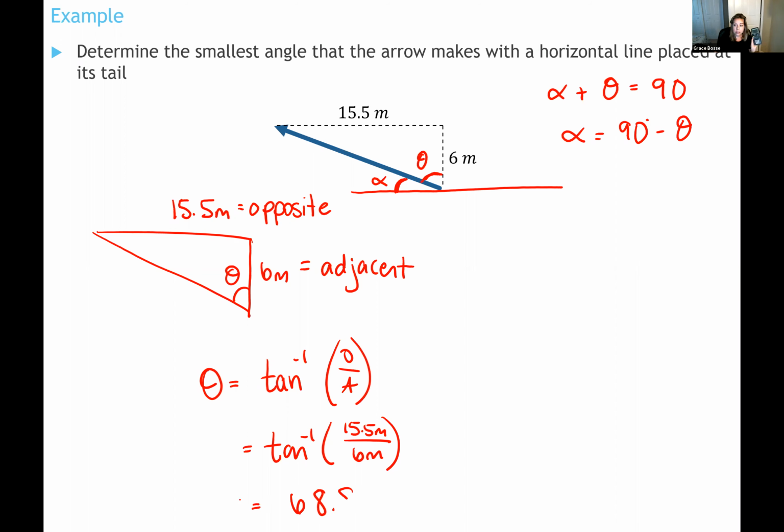My calculator is still in degree mode, and that's why I know that that number that came out is in units of degrees. So if I know theta is 68.8, that means that the angle that I'm really looking for, alpha, is 90 minus 68.8. So this angle alpha, that's the smallest angle that my arrow is making with that horizontal line drawn on its tail, is 21.2 degrees. And that is my final answer.